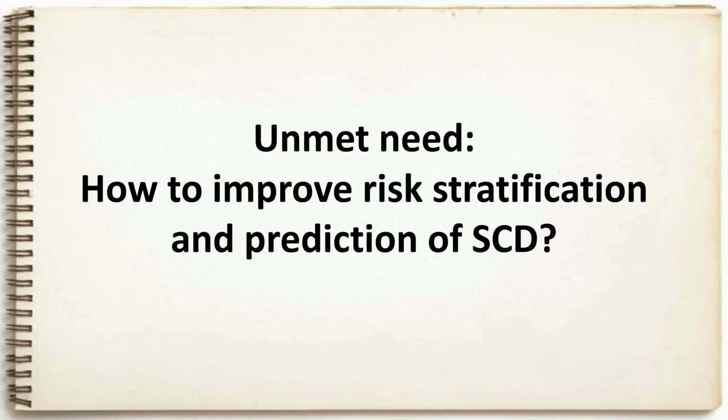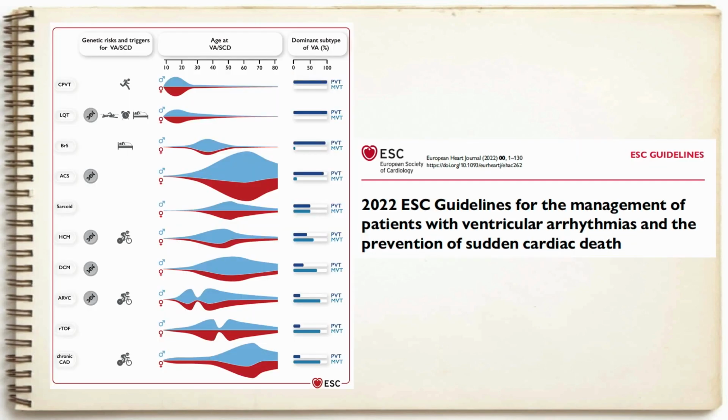So the unmet need we are now faced with is how we should improve the risk stratification and prediction of sudden cardiac death. This is a very nice diagram from the most recent ESC guidelines, which very clearly shows that sudden cardiac death and ventricular arrhythmias are temporally localized in various periods of life.